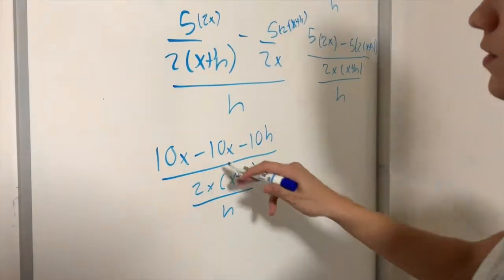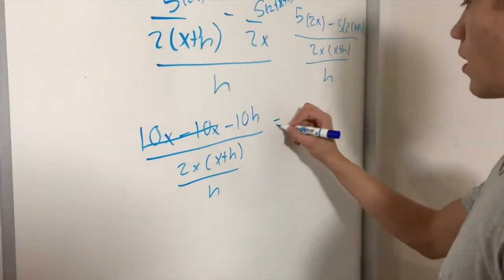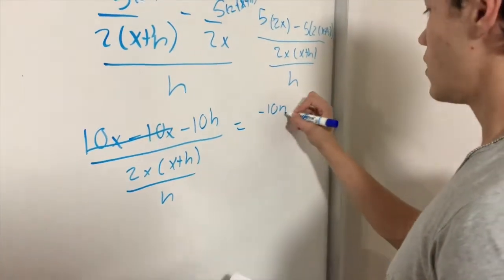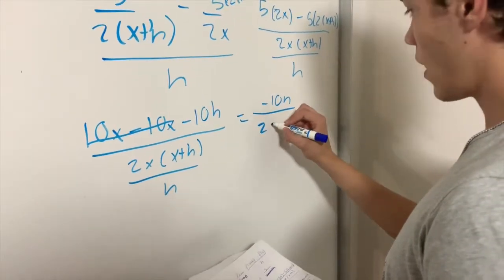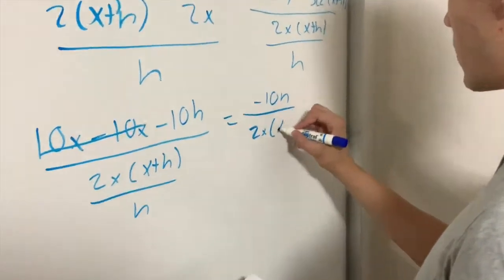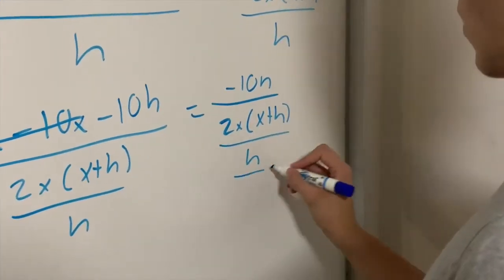So these ones are common terms, so we can just cancel them out, and we're going to be left with negative 10h over 2x times x plus h over h over 1.